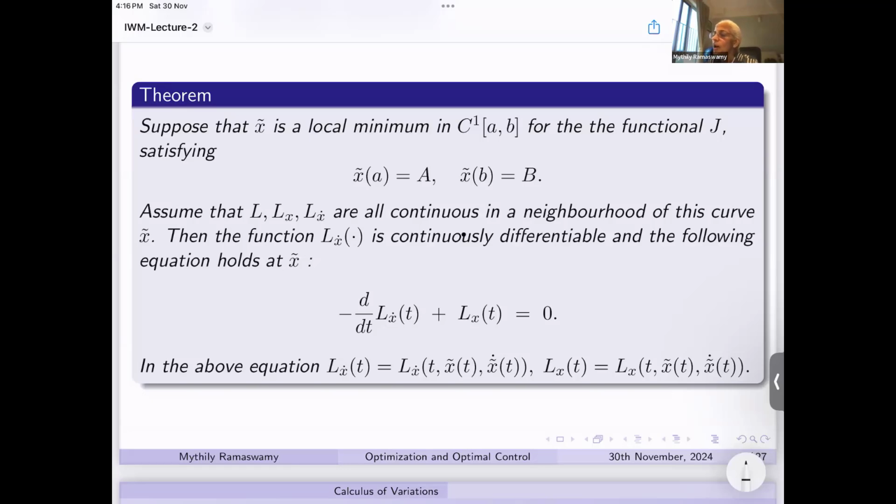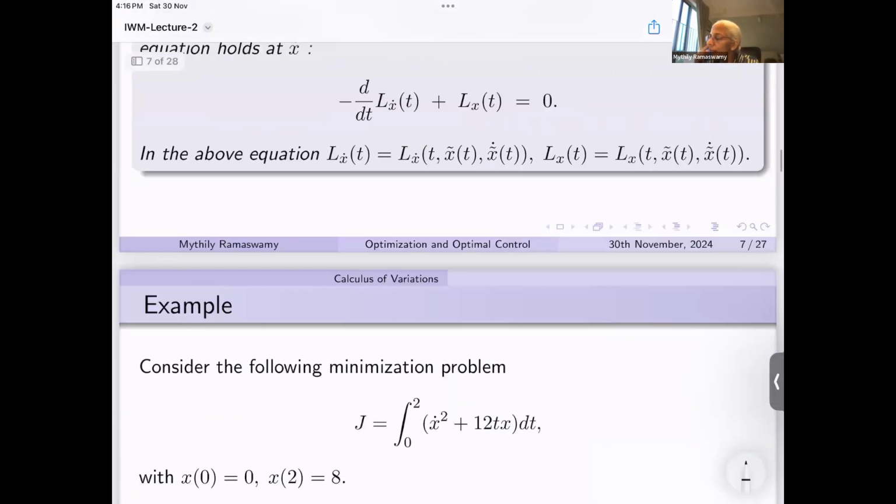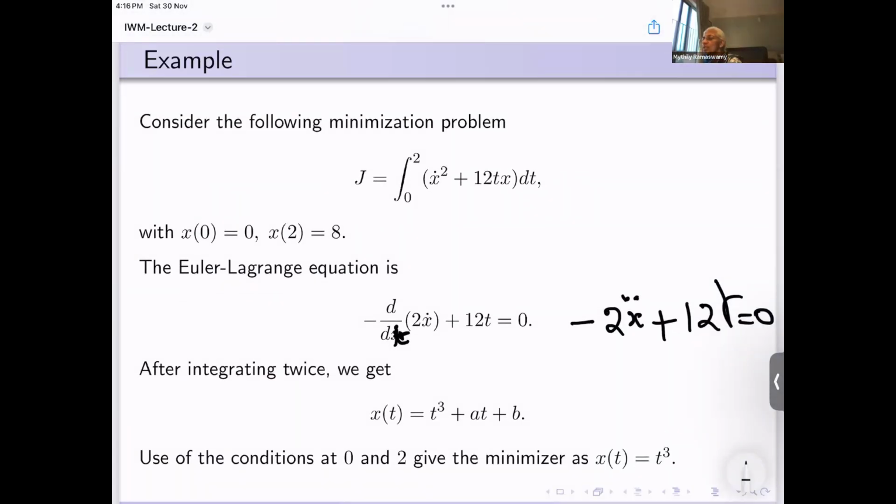Okay. So this is the main theorem where the Euler-Lagrange equation is written, and I am trying to find the solution to this equation. So I have 2x double dot plus 12t equal to 0 is what the Euler-Lagrange equation gave. Okay, because d by dt gave me minus 2x double dot. Now I have to integrate twice. I'll have two constants. How do you eliminate the constants?